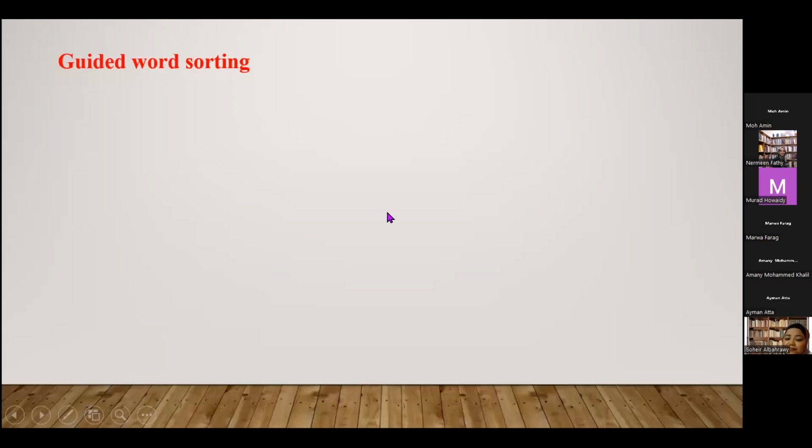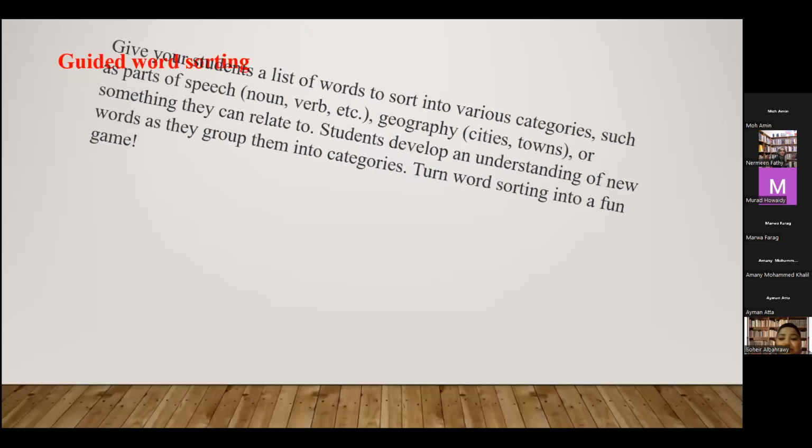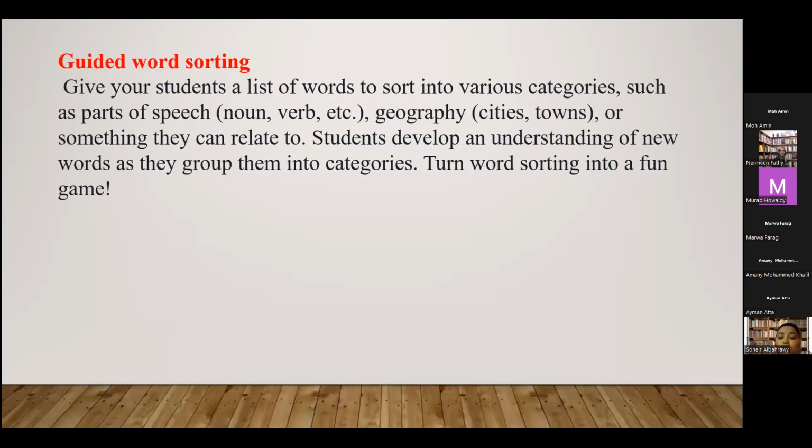The first technique here is guided word sorting. It's a kind of categorizing. Give students a list of words and ask them to categorize them according to what you want: numbers, colors, food, animals. This helps students to develop an understanding of new words as they group them into categories.